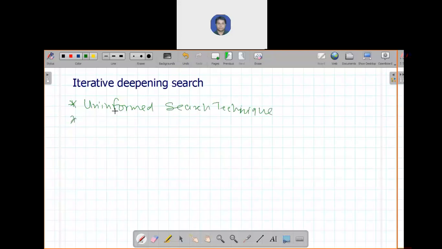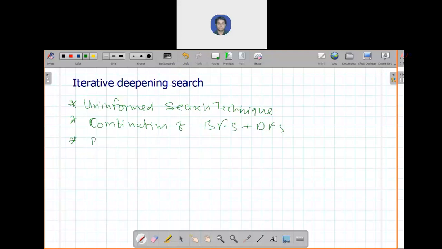This is the combination of BFS and DFS, breadth first search and depth first search. And what is the actual concept, the key point?